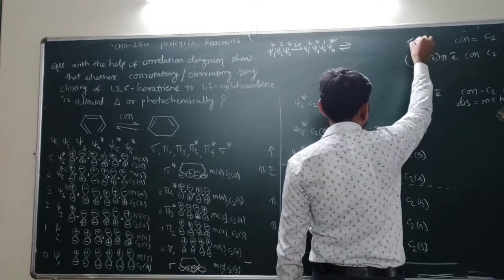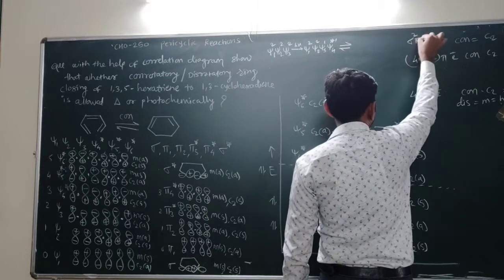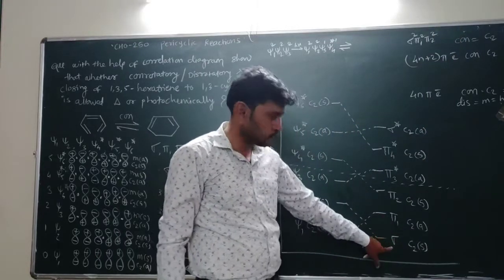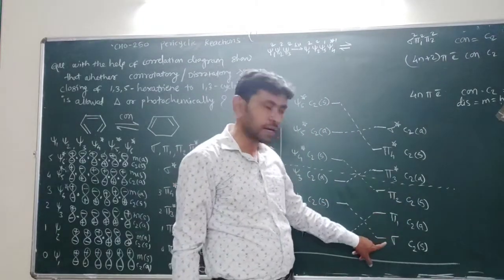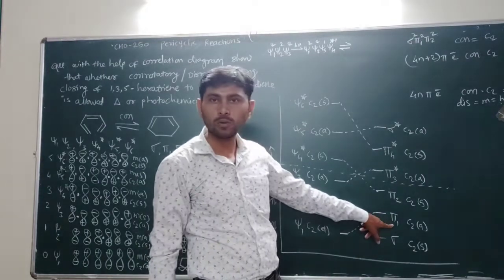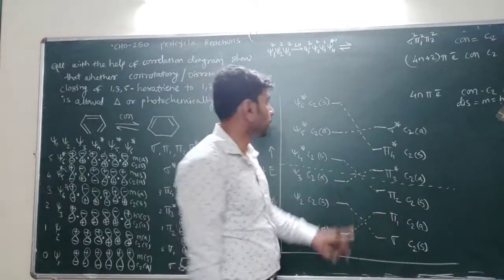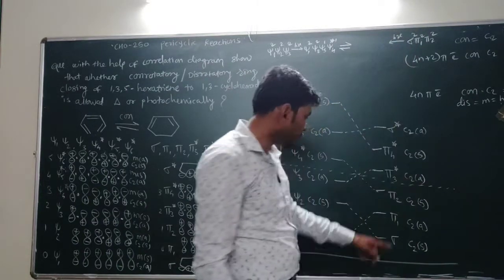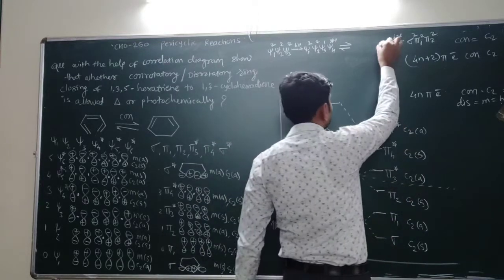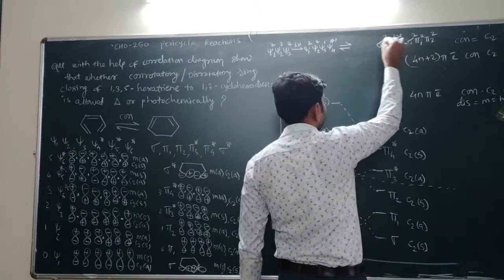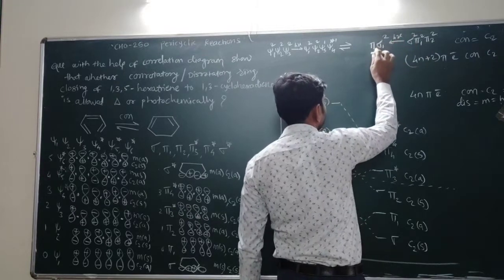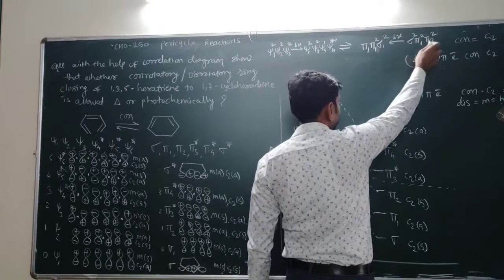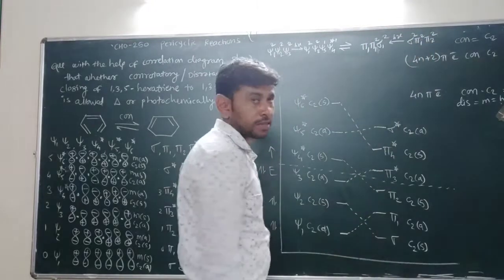Initially, in the ground state, sigma contains 2 electrons, pi1 contains 2 electrons, and pi2 contains 2 electrons. Total 6 electrons are there. After excitation, the first excited state has sigma with 2 electrons, pi1 with 2 electrons, but one of the electrons from the last orbital, pi2, goes to the next excited state.